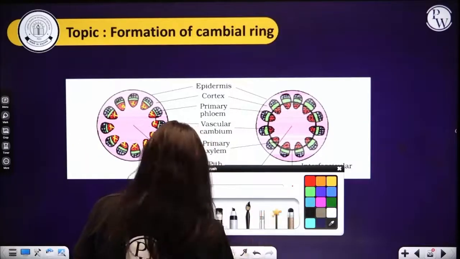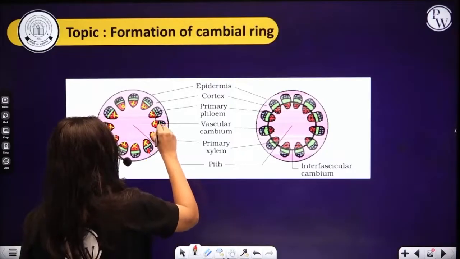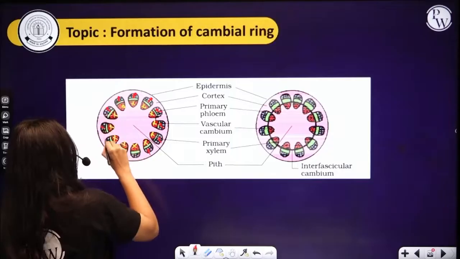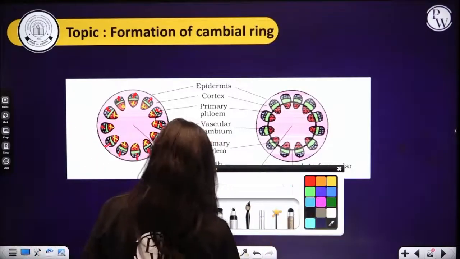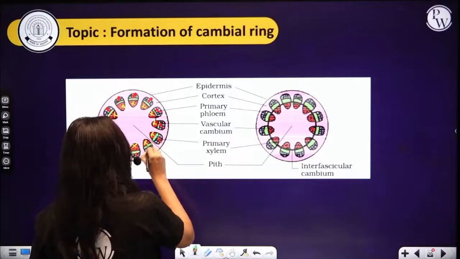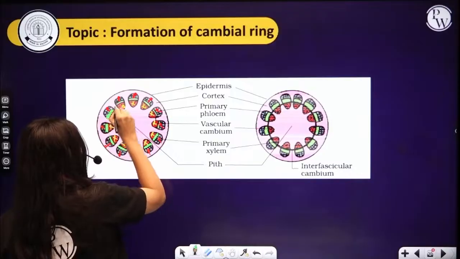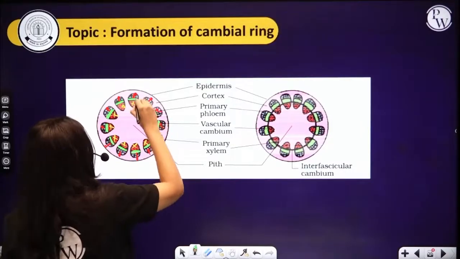On the outside, we have phloem. In between the xylem and phloem, we have a strip of lateral meristem which we call the cambium.